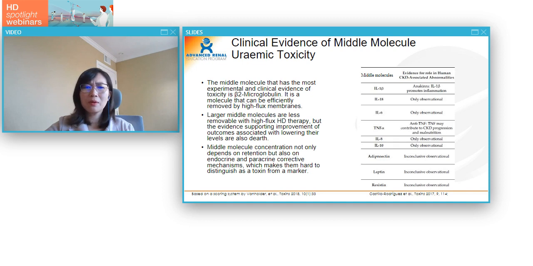But middle molecules are a different story. They are usually functional molecules like hormones or cytokines. Sometimes it's hard to tell whether they are truly unwanted molecules, or they are elevated as a marker due to upregulation of biological response to kidney disease.